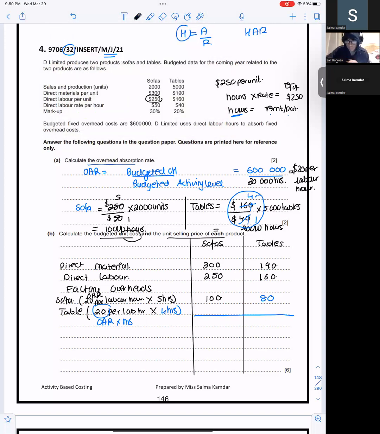So what is the cost? Cost is 650 for sofa and 430 for table.